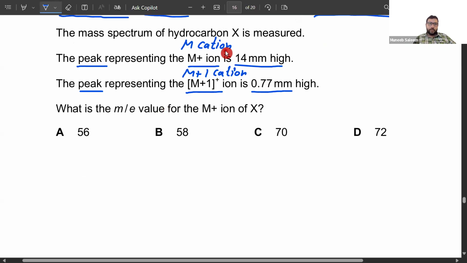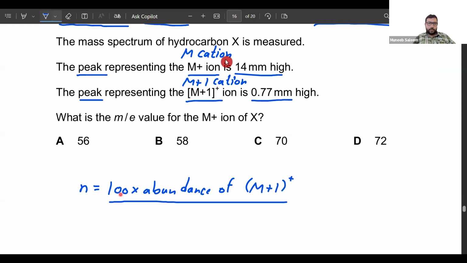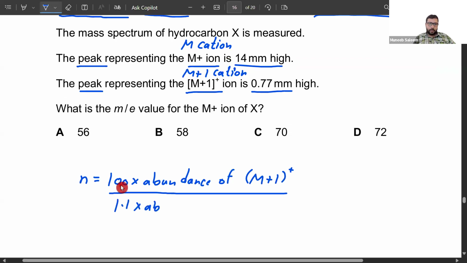The formula related to it is N equals 100 times the abundance of the M+1 cation, divided by 1.1 times the abundance of the M+ ion.